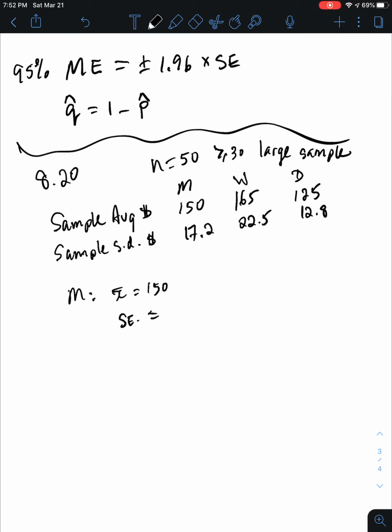Let's pull out the calculator. Square root of 50 is about 7, very close to 7, but let me do a more accurate calculation here. 17.2 divided by the square root of 50 is 2.4324.